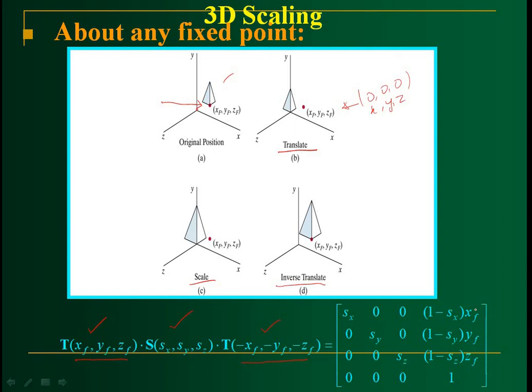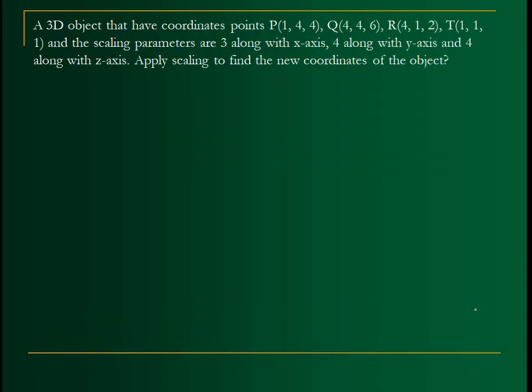Now let us give an example. A 3D object has coordinate points P(1, 4, 4), Q(4, 4, 6), R(4, 1, 2), and T(1, 1, 1), and the scaling parameters are 3 along the x-axis, 4 along the y-axis, and 4 along the z-axis.